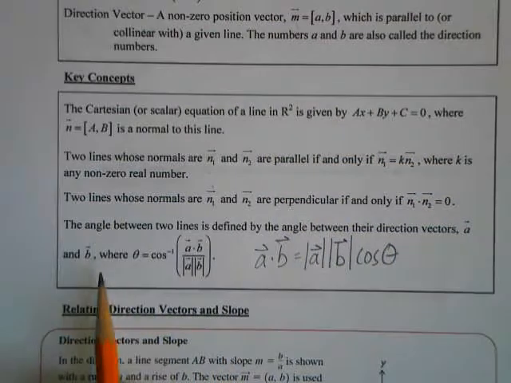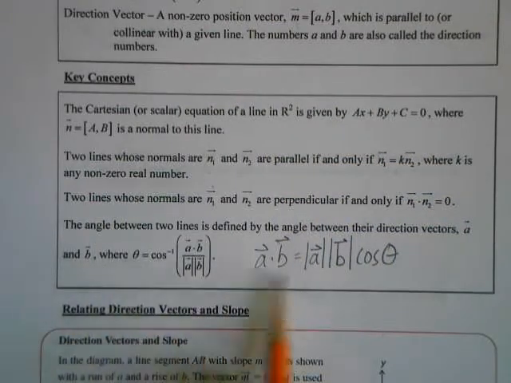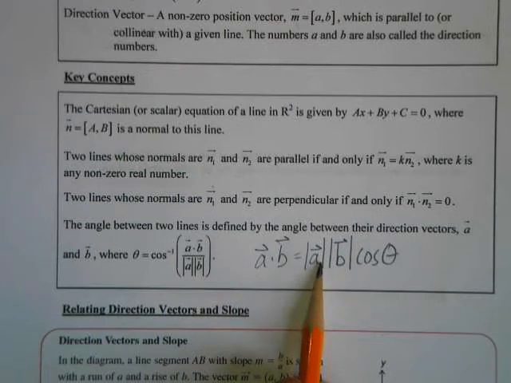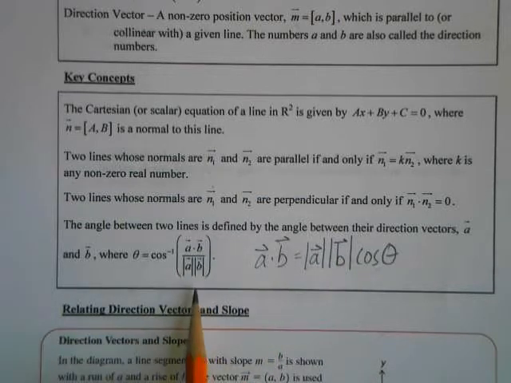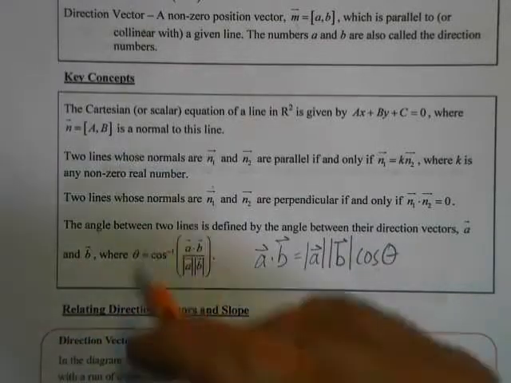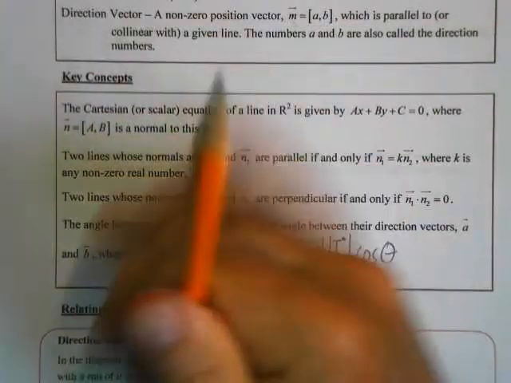All this formula is doing is dividing both sides by magnitude A, magnitude B, and you've got cosine theta equals this expression, and then you just take the cosine inverse to get the angle. We're actually going to use this on one of the examples today.